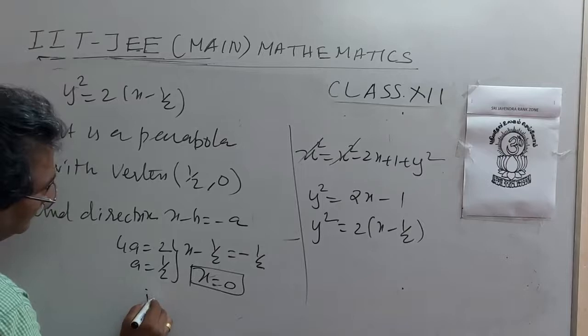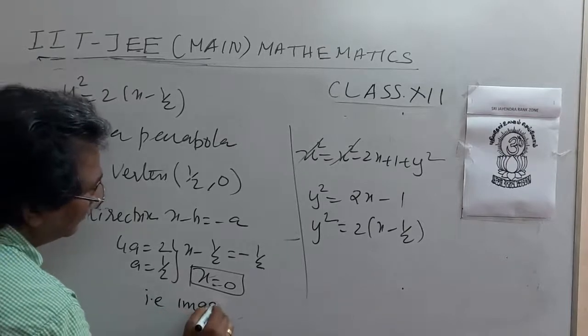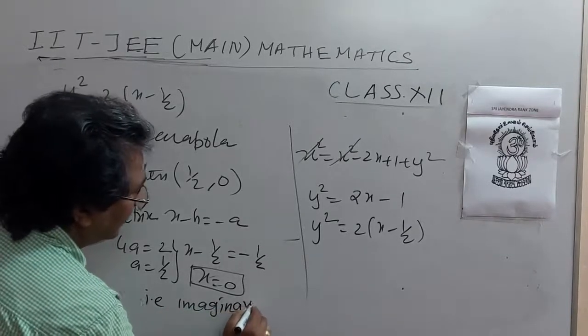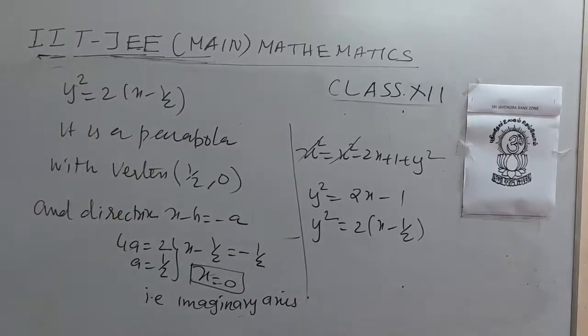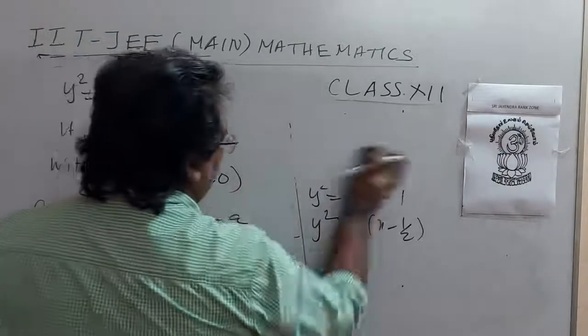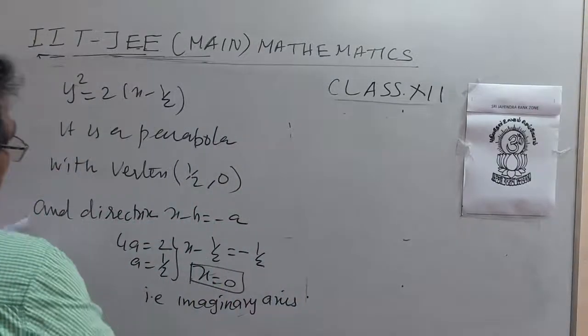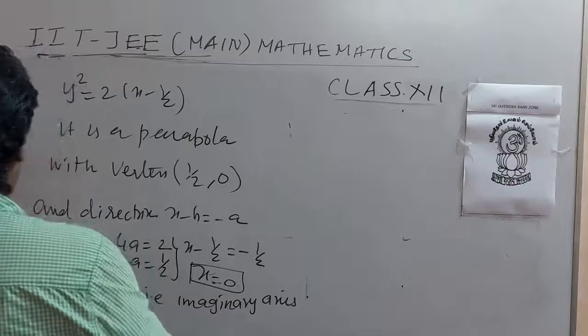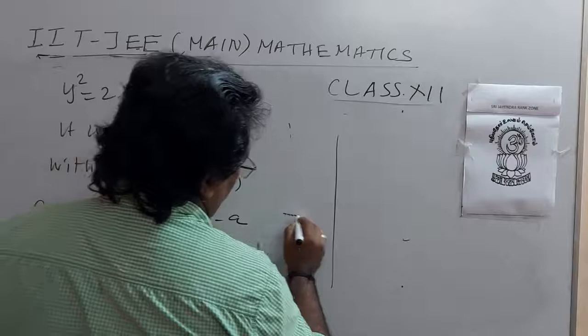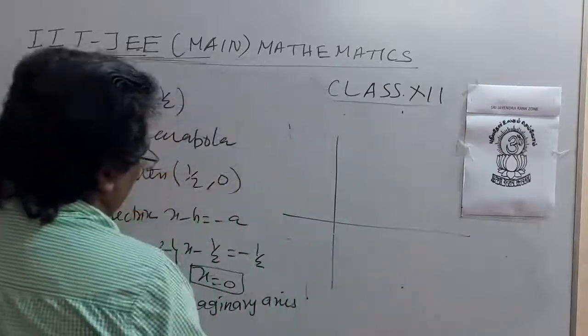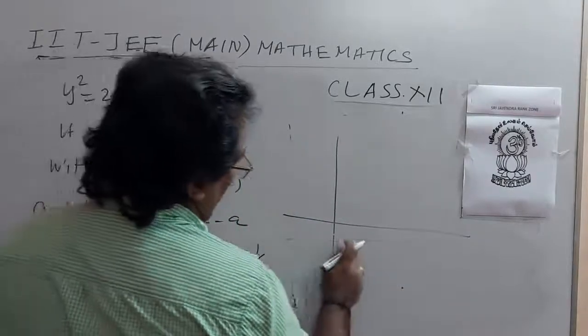x equals 0 means the y axis, that is the imaginary axis. So vertex 1/2 comma 0.